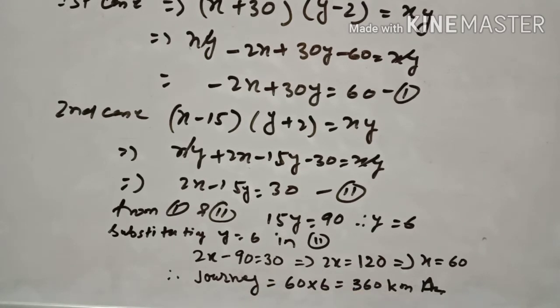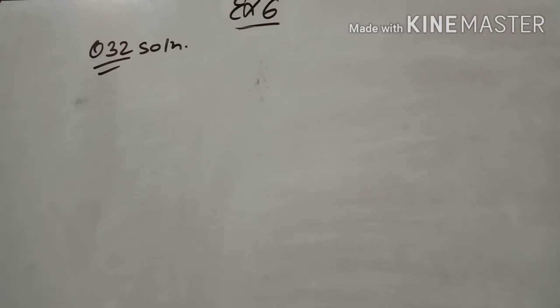Write down. Question number 32. A part of monthly hostel charges is fixed and the remaining depends on the number of days one has taken food in the mess. When Bhavna takes food for 20 days, she has to pay rupees 2600 as hostel charges, whereas when Divya takes food for 26 days, she pays 3020 as hostel charges.